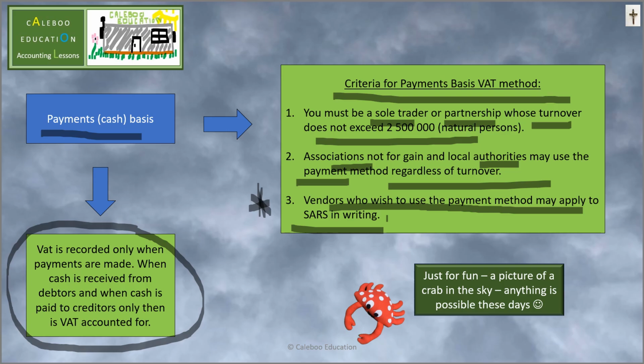So VAT is recorded when a payment of cash or a receipt of cash takes place. So at that point, VAT is recorded. In other words, when the bank balance changes, VAT is recorded.